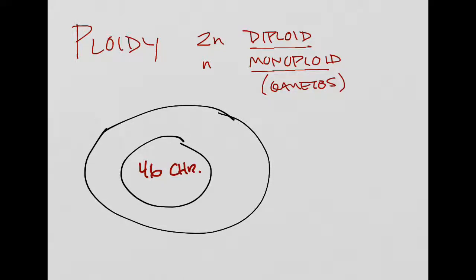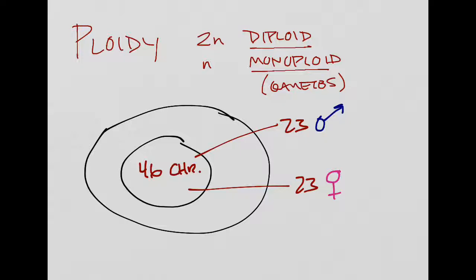And that would be exactly the number that you'd want to have because that consists of 23 pairs altogether. One of them would be from dad, and the other 23 would be from mom. All right?